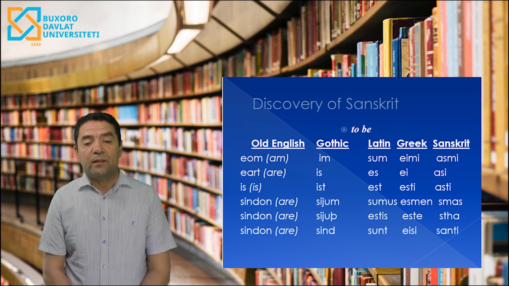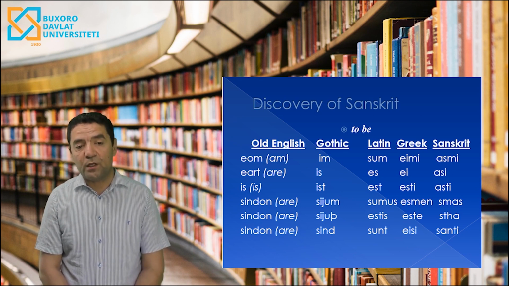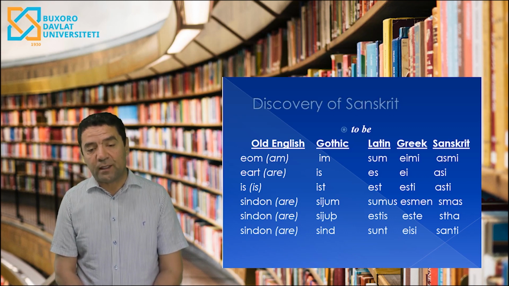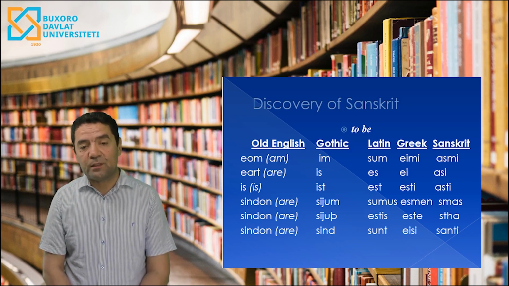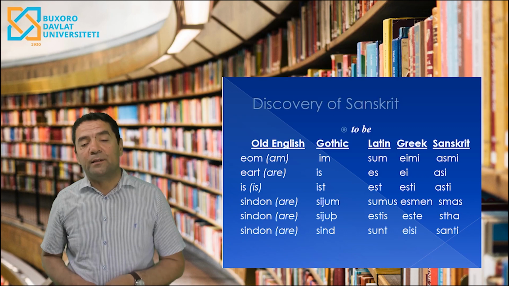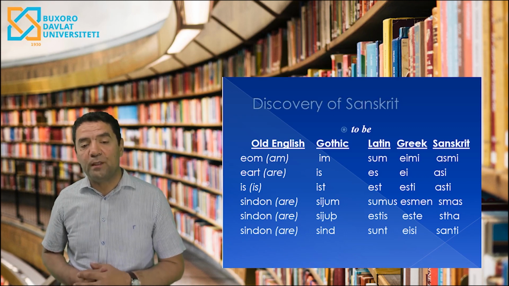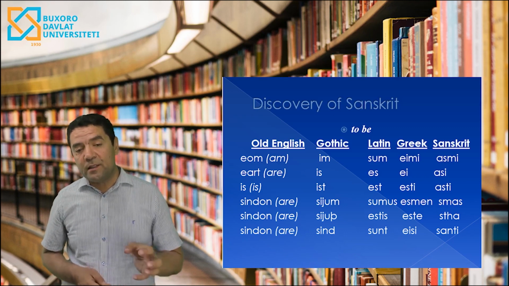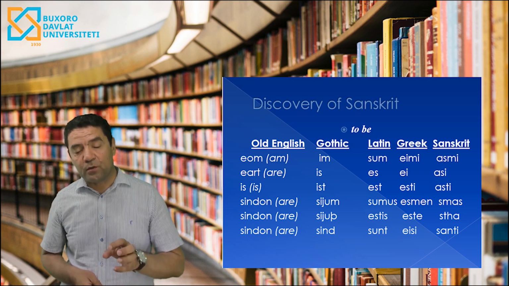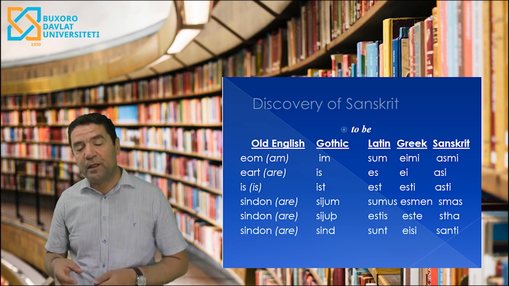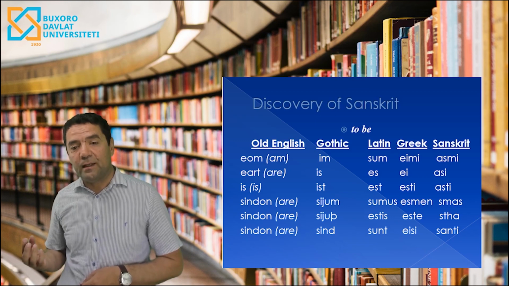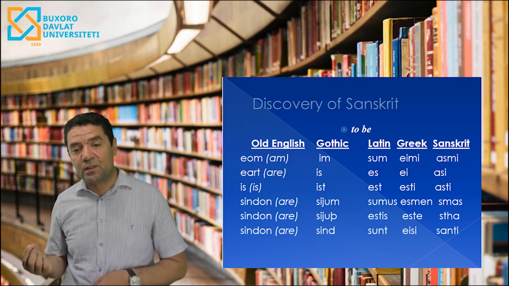ist, and the other forms of this conjugation, one more time proves that there is a resemblance in the structure of this conjugation of the verb to be. And this earliest form of the conjugation of the verb to be is compared with the other Indo-European languages, Latin, Greek, and Sanskrit.